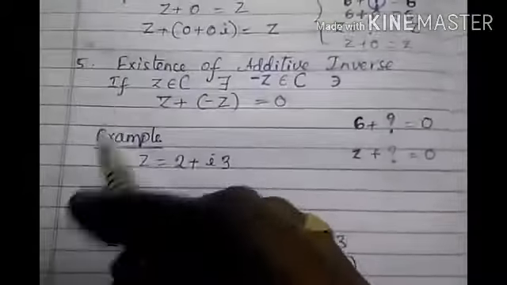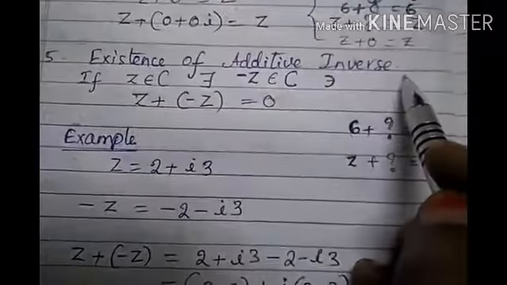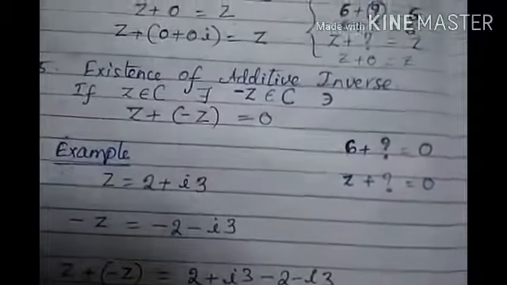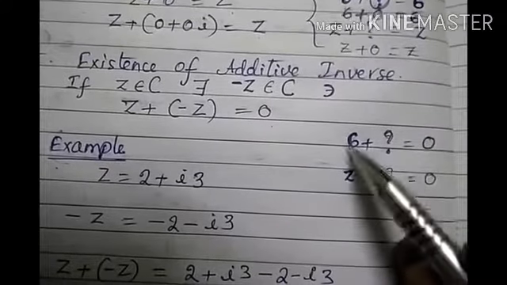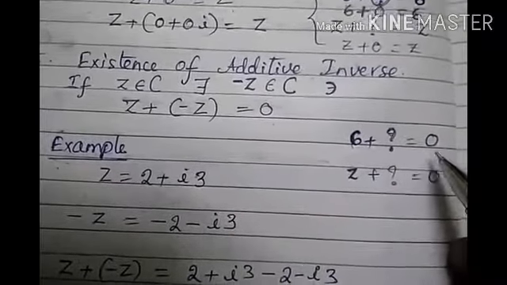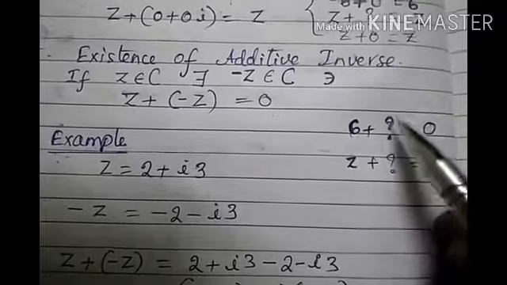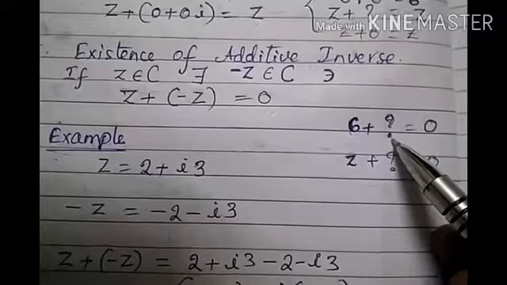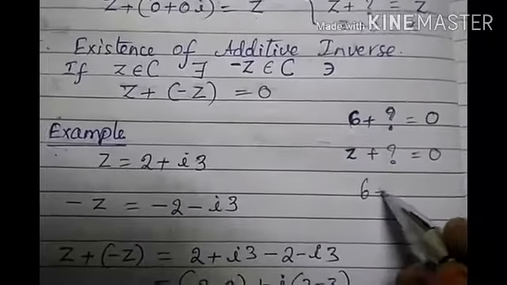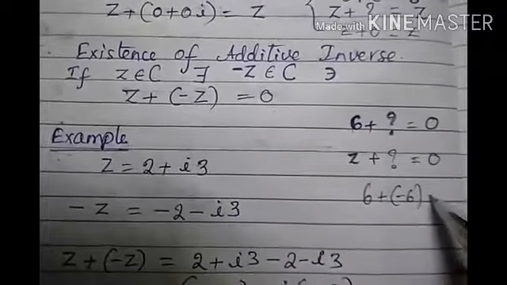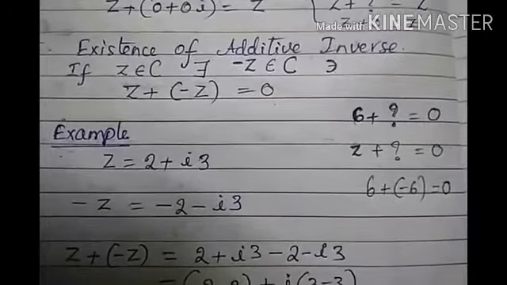Now, next one is existence of additive inverse. Here, if you add any number to 6, the result will be 0. Which number do we have to add to get 0? If you add 6 plus minus 6, then you get 0.